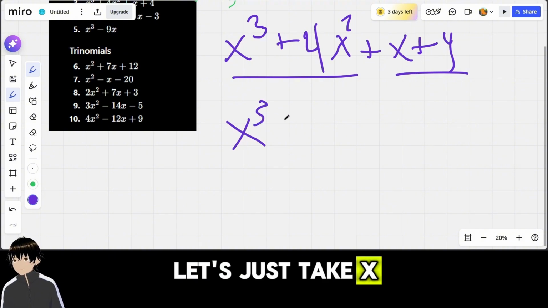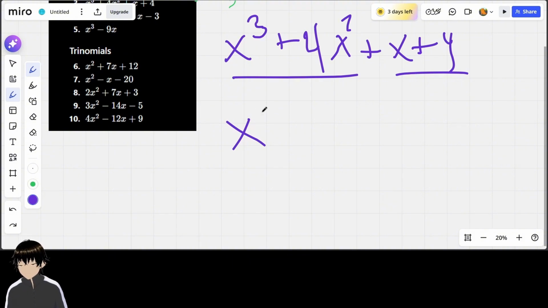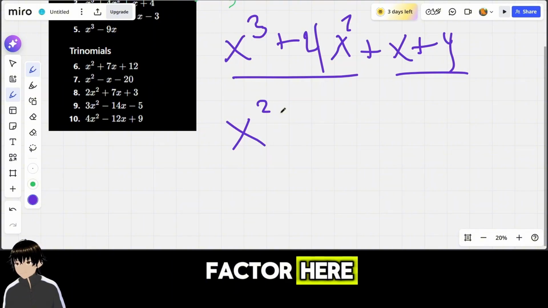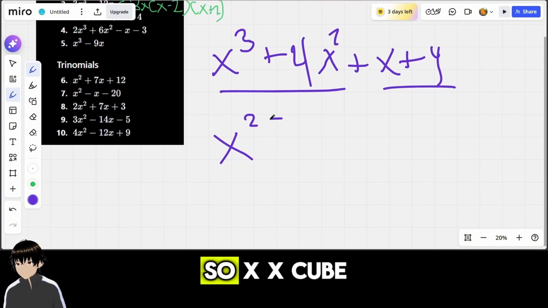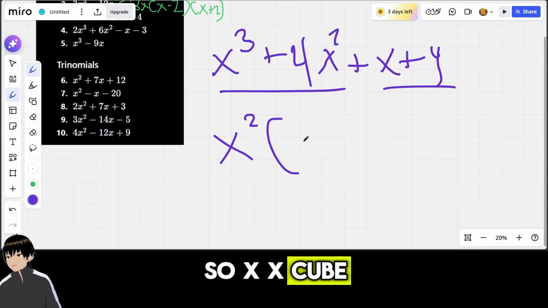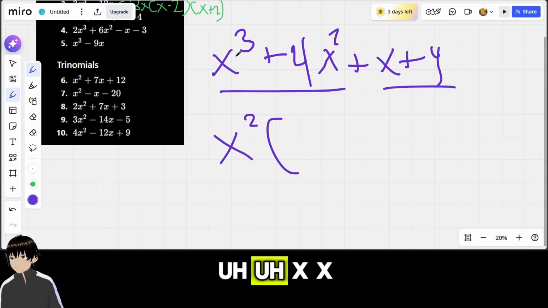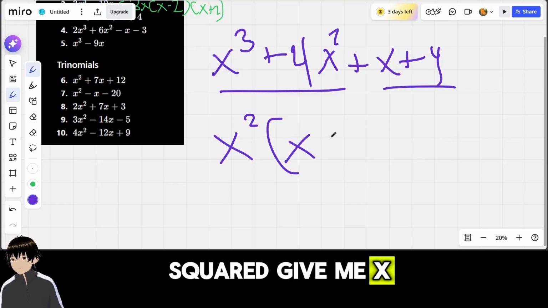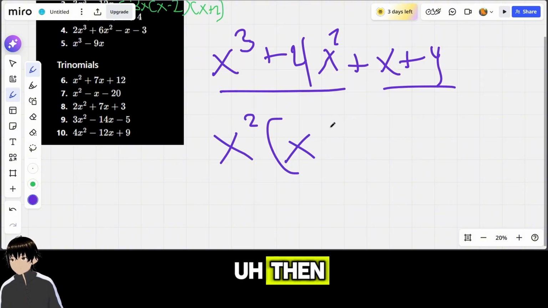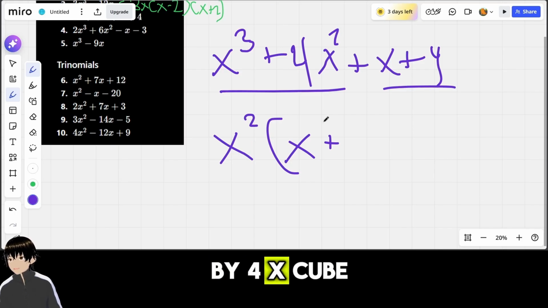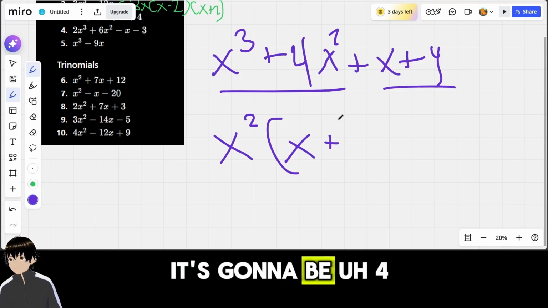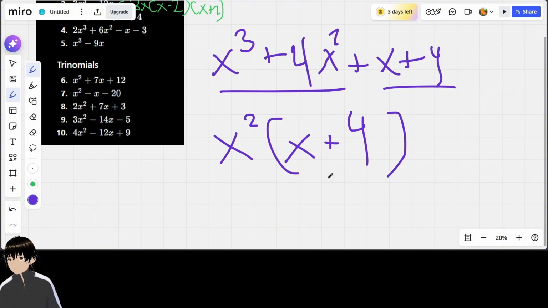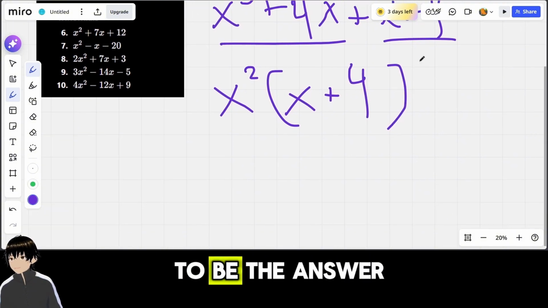Let's just take x squared. X squared is going to be the greatest factor here. So x cubed divided by x squared is going to be x. Then 4x squared divided by x squared is going to be 4. Okay, so this is going to be the answer, I believe.